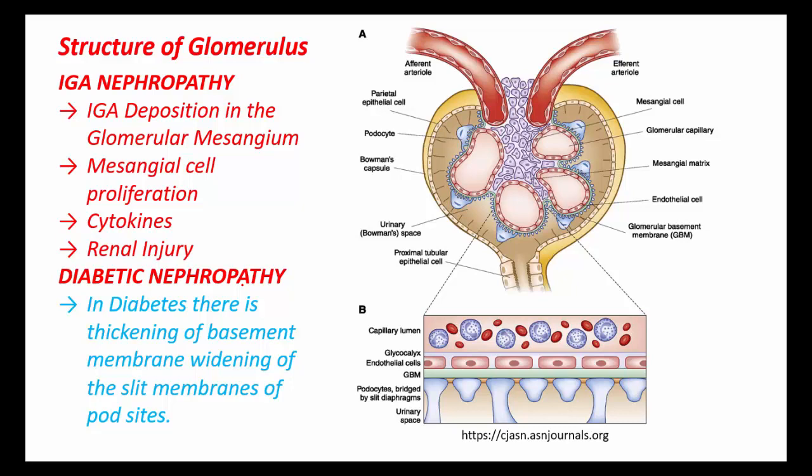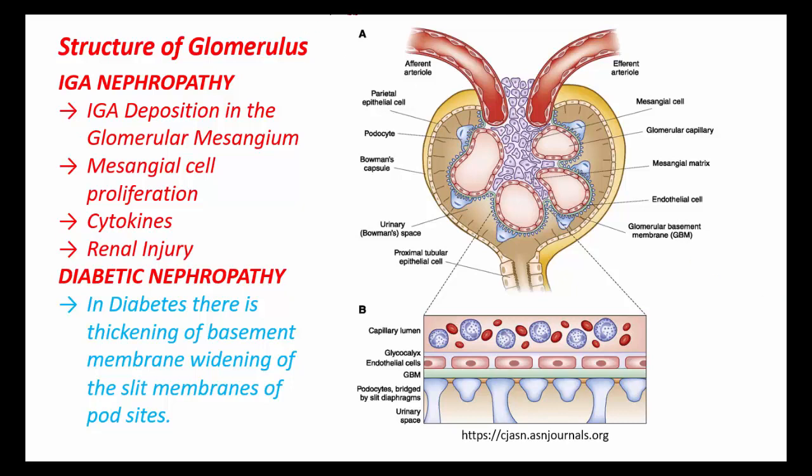The structural and functional unit of the kidney is the nephron. That nephron is composed of the renal corpuscle and the renal tubule. And the renal corpuscle is made up of the glomerulus, which is a tuft of capillaries, and the Bowman space.